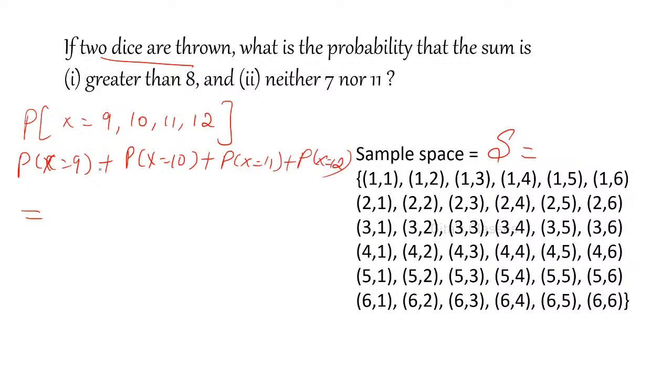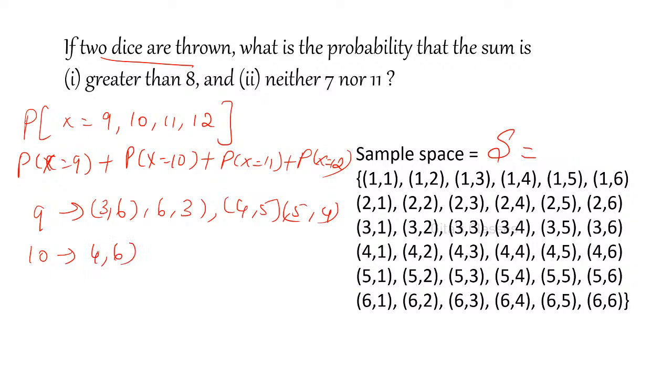Actually, for 9, what are all the values? 3, 6, 6, 3. 4, 5, 5, 4. Right, for 9 I'll write the values once. For 9, it is 3, 6, 6, 3. Then 4, 5, 5, 4. 4 values. So for 10, it is 4, 6, 6, 4.